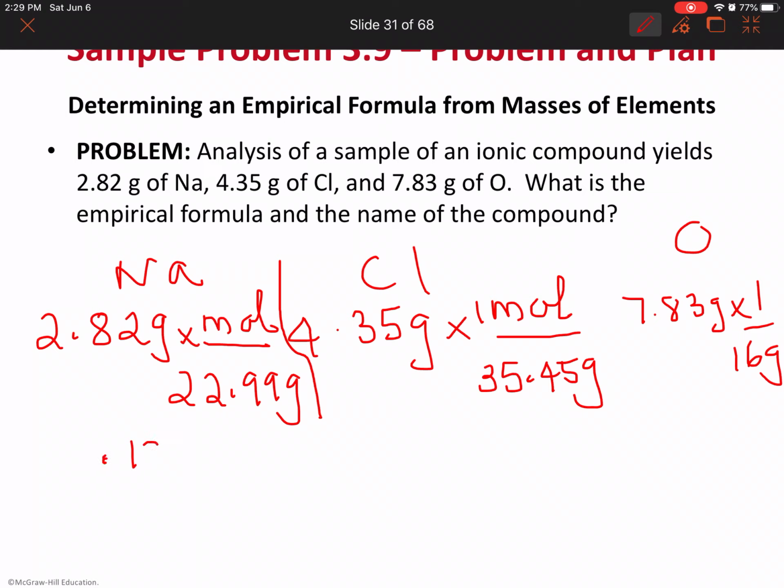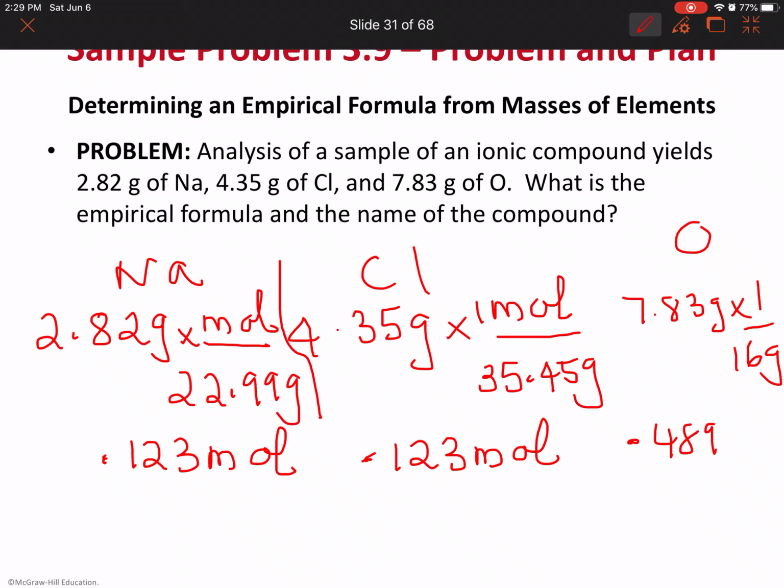This would be 0.123 moles, and then this would be again 0.123, and then the oxygen would be 0.489 moles. Now by using the molar mass of individual atoms, we converted them to number of moles.